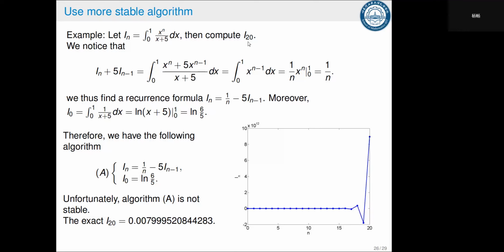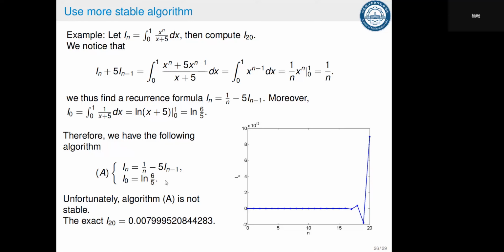Remember that I want to compute I20. That means you can apply this algorithm and use 20 iterations, and finally you can get I20. At first you will see that it seems to be a really good algorithm, since it is simple, easy to compute, and the computational cost is very cheap.